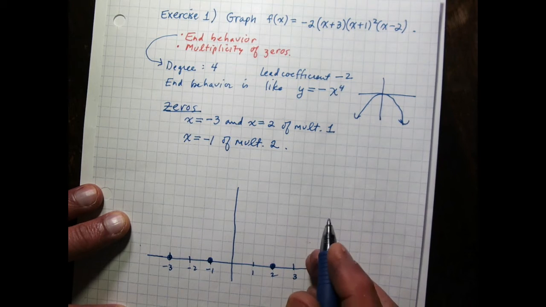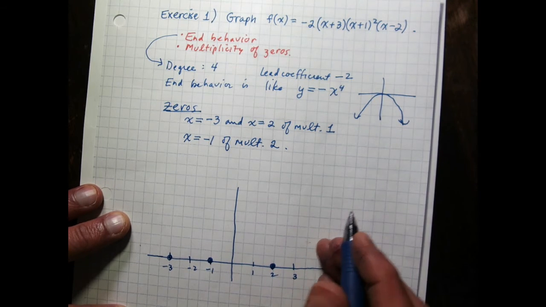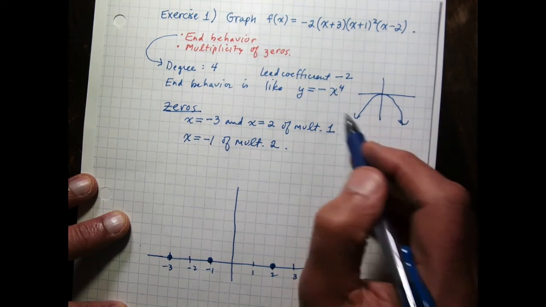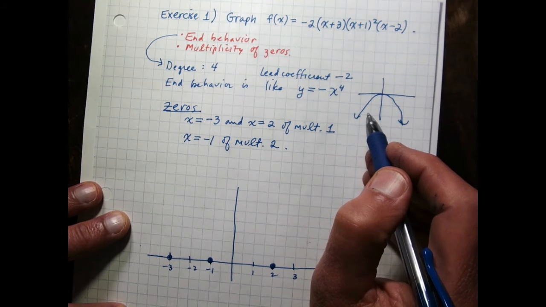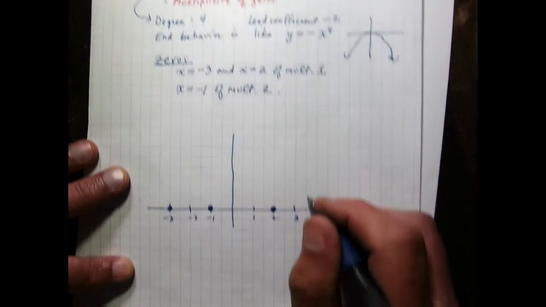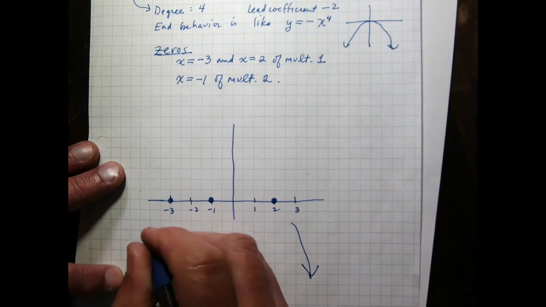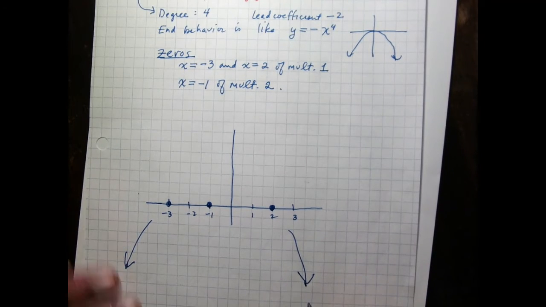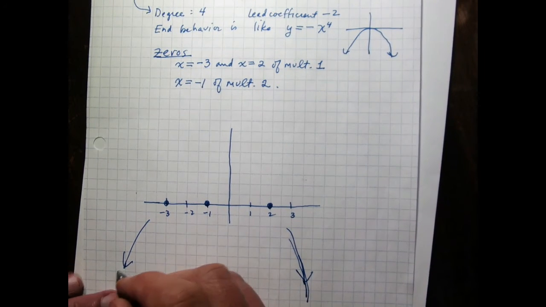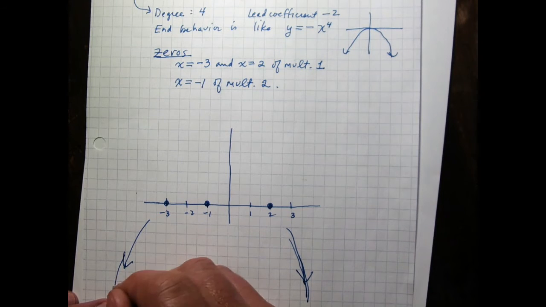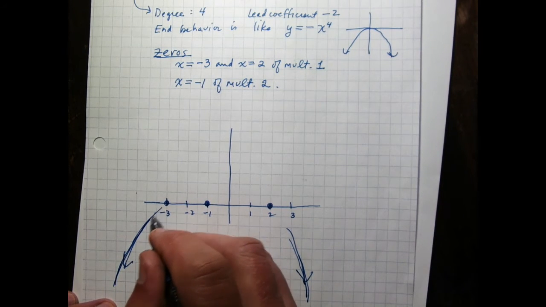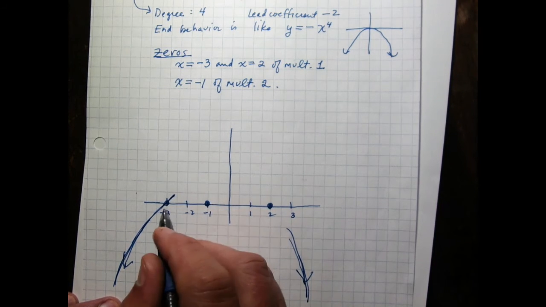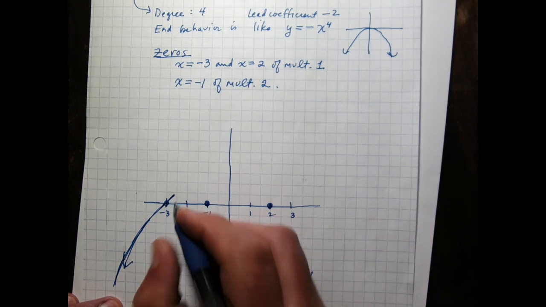What I'm going to do, though, is work from the end behavior, which has to match up with the end behavior for y equals -x to the 4th. So at each end of my graph, I know I'm plunging downward, right? If I start from the negative end, I'm coming up from -infinity. I'm hitting that 0 at -3. It's of multiplicity 1, so I cross the x-axis.